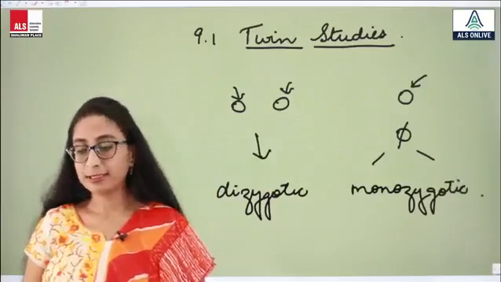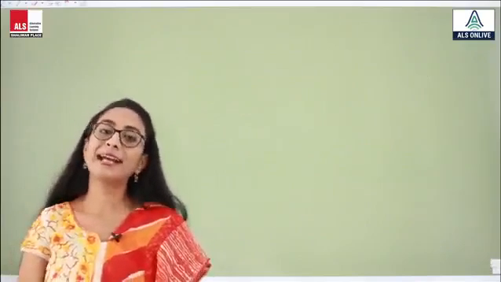Isn't it? We discussed all of this in our previous lecture itself: what is monozygotic twin, what is dizygotic twin, and what is concordance and what is discordance. So now we shall move on to the twin method and co-twin method.